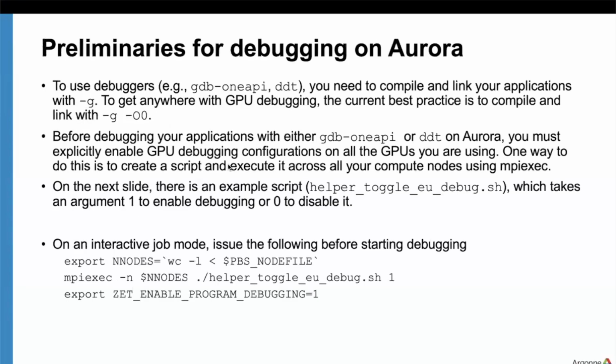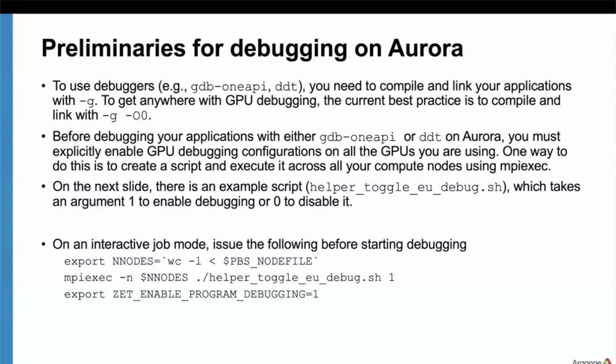Okay. So, in order to use a debugger on the Aurora system, for example, GDB OneAPI or the DDT debugger, you need to compile and link your application with -g. This is required. Otherwise, you cannot see any source line from your debugger. It's very hard to find out what's wrong in your code, right? So -g is required.